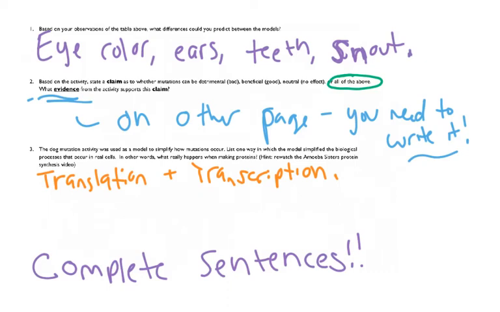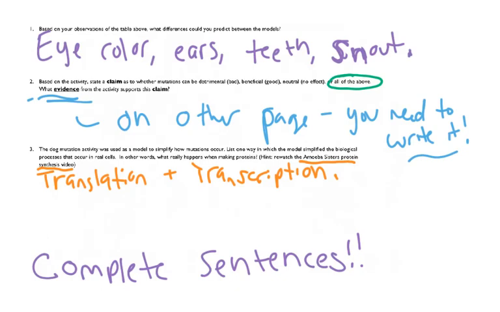DNA is used as the template or the model to make the molecules of RNA. Then the RNA molecules leave the nucleus, and that's where translation occurs. And in translation, the genetic code in the mRNA is read and used to make a protein. You might want to go back and rewatch this video. It's on Miss Christie's team page.